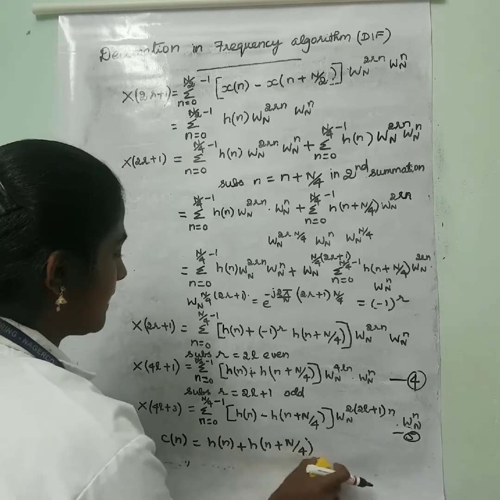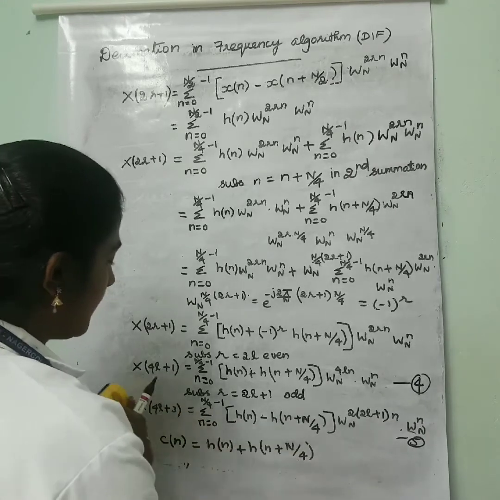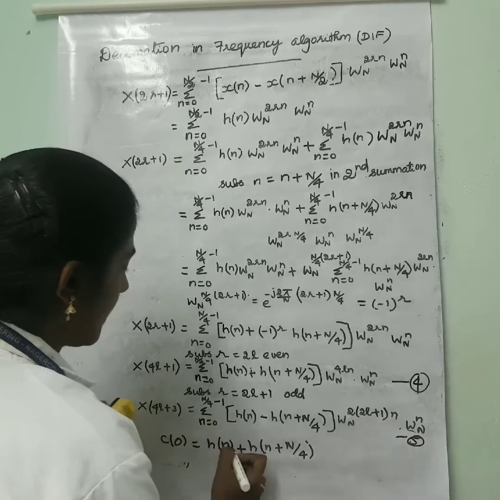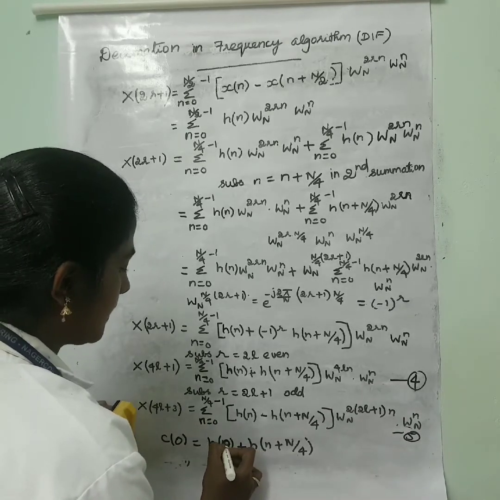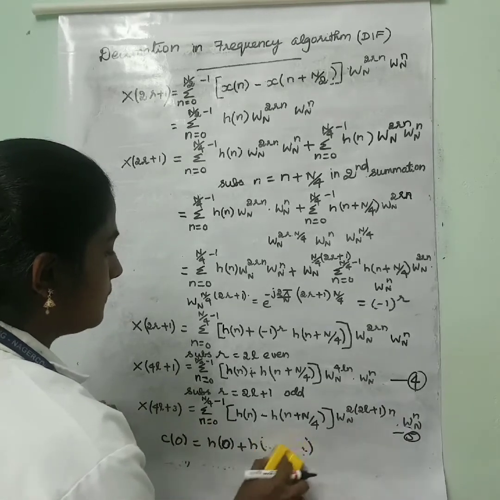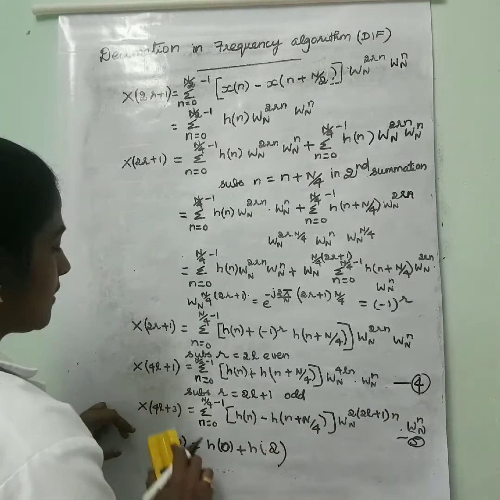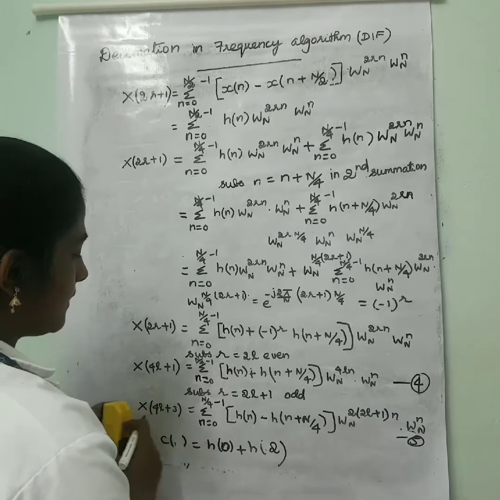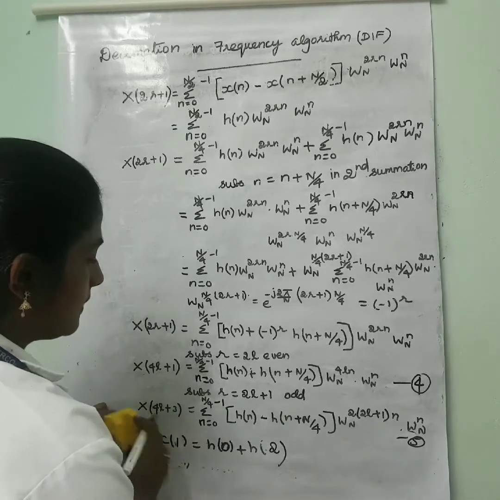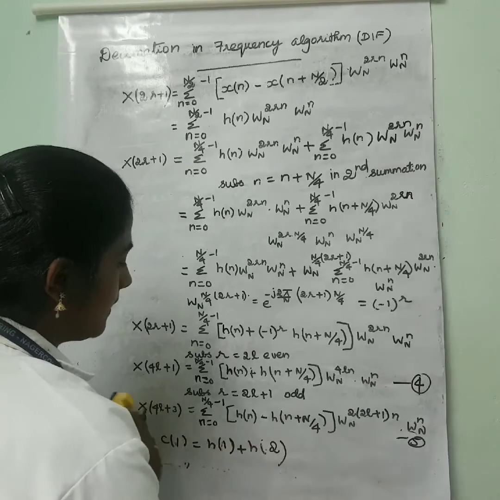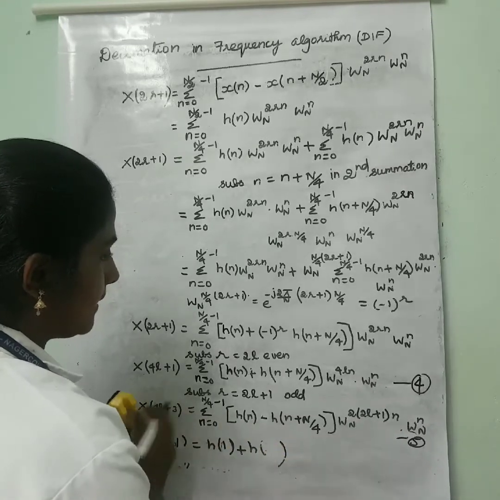When n is equal to 0, c of 0 is equal to h of 0 plus h of 2. And when n is equal to 1, c of 1 is equal to h of 1 plus h of 3.